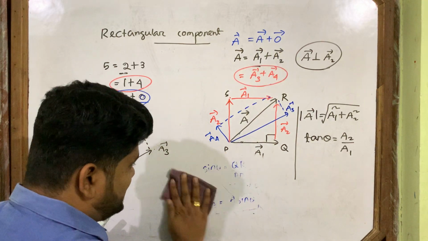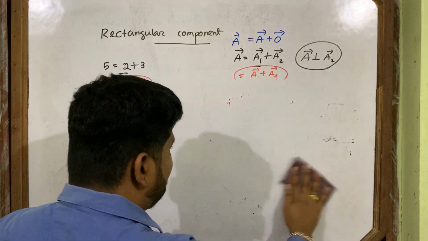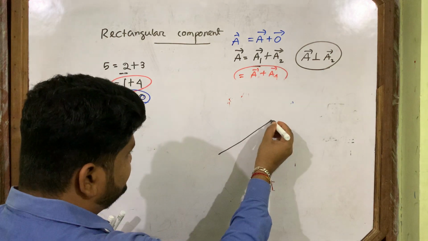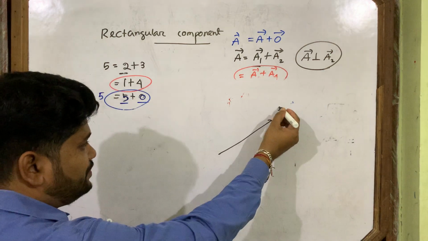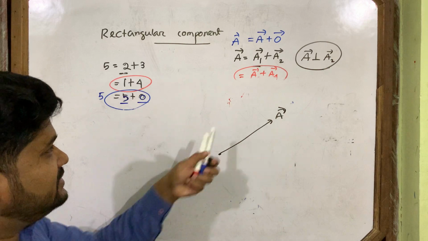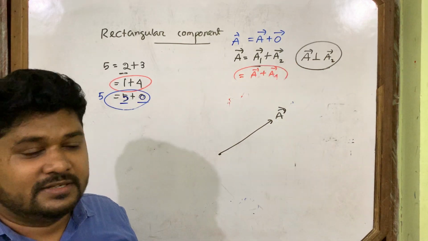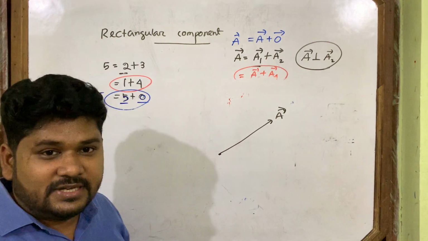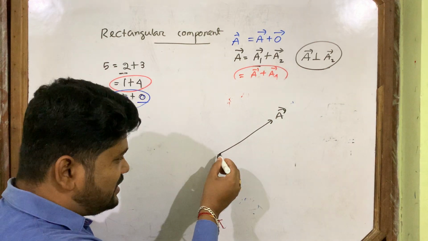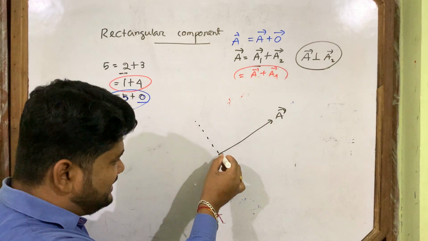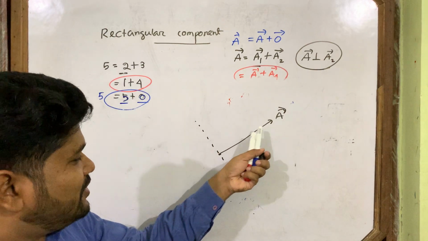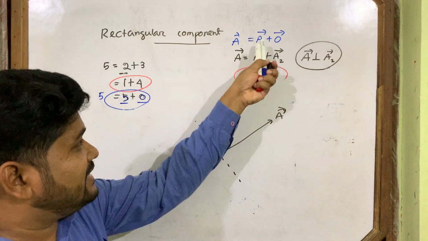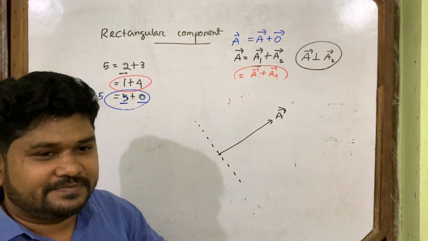Okay, now let's come to that point. I am showing that in the figure. This is your A vector. Perpendicular to this A vector, another vector is there. Which vector? Null vector. There is nothing. Perpendicular to vector A, its component is a null vector, because A and a null vector are perpendicular to each other.